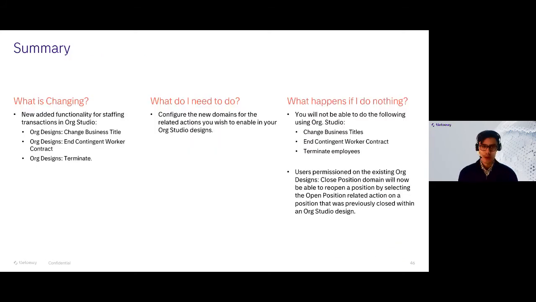So in summary, it is now possible to terminate, change business title and end contingent worker contracts in Org Studio. You need to enable the feature by configuring the security domains. And if you choose to do nothing, then you will not have these features available.